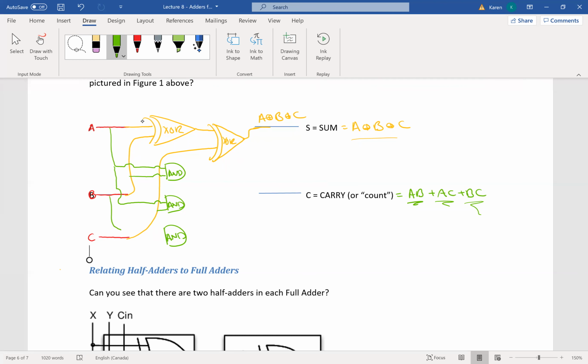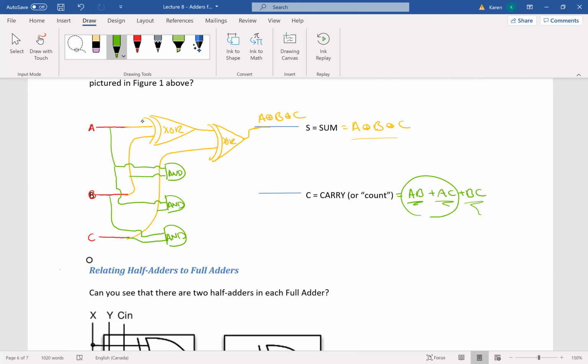Here comes B and C. Be careful, don't write A, B, C multiple times. It's only once. Same as when you build this and you plug it in.